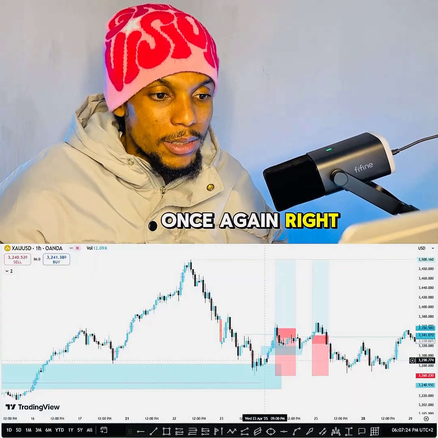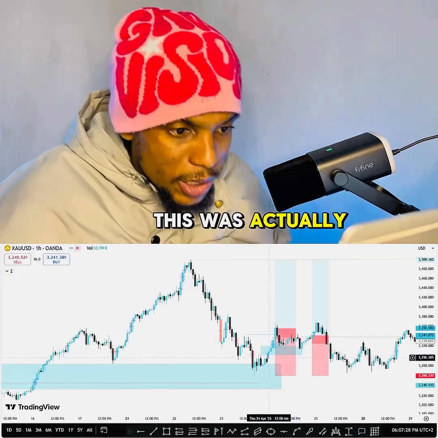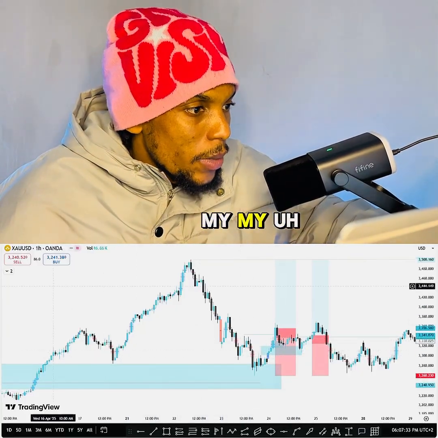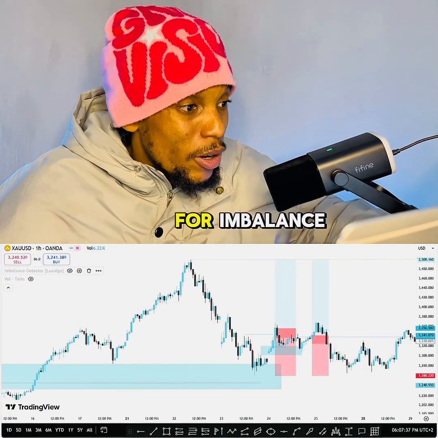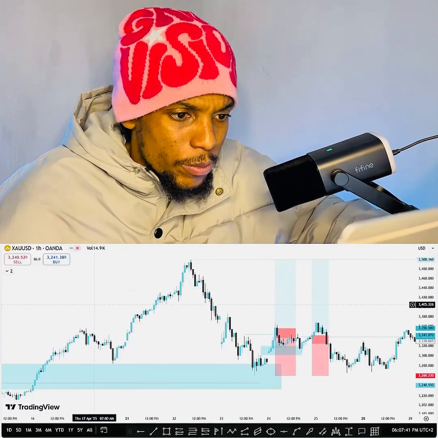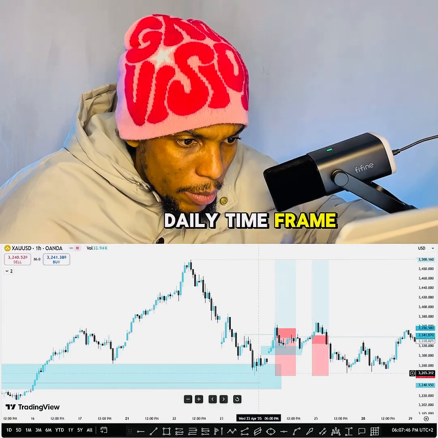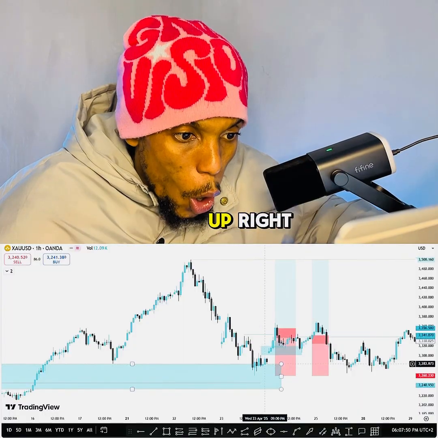Once again, price started moving up and left a gap. This was actually the first gap. If I switch off my imbalance indicator, another word for imbalance, without getting you confused, is just fair value gap. So when price moved into this daily time frame fair value gap, you see the price starts moving up.